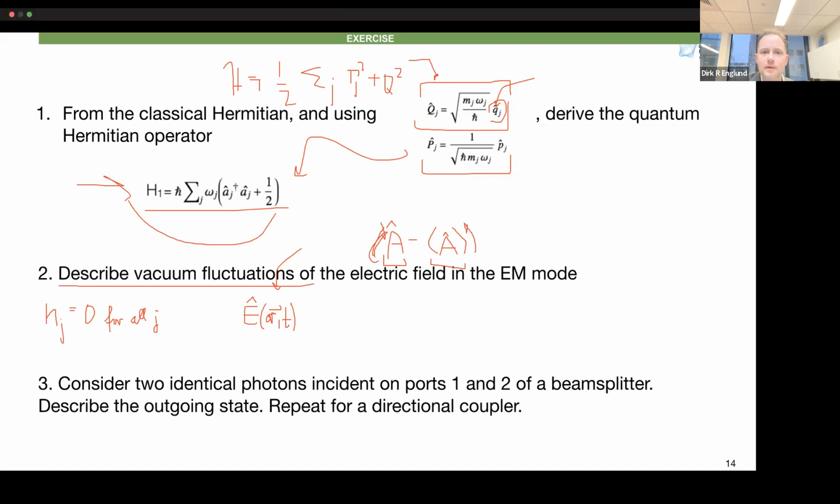And then this is the expectation over your state, which in this case we're assuming to be the vacuum field.